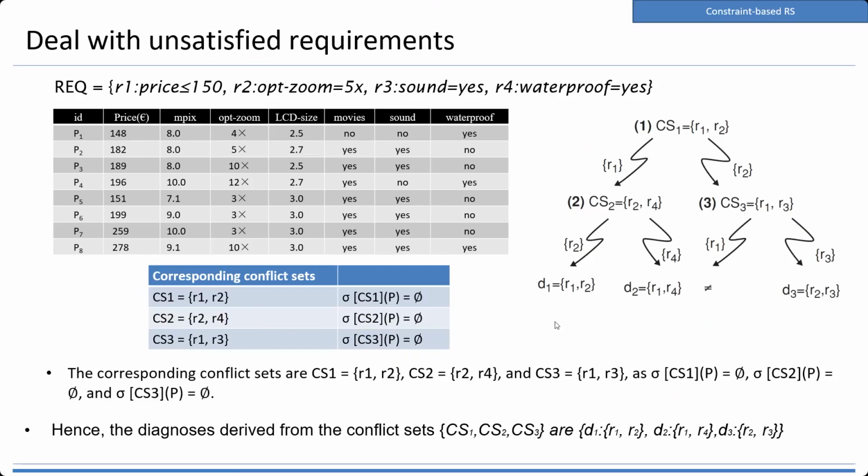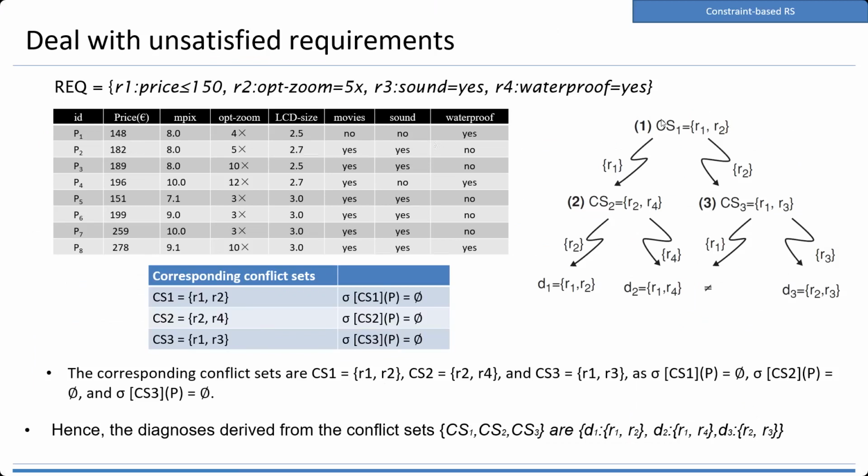So we need to look at the unsatisfied requirement by combining the R. So we have these requirements, and this is the data. Now we will look at the corresponding conflict sets.